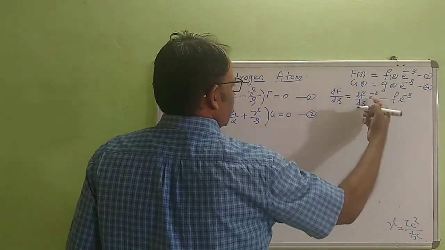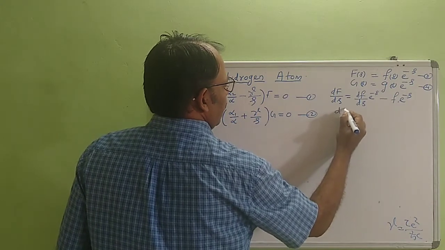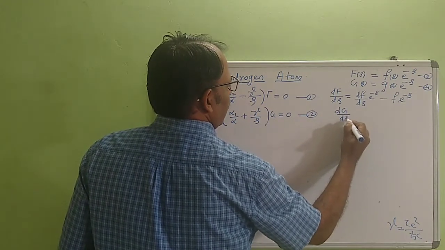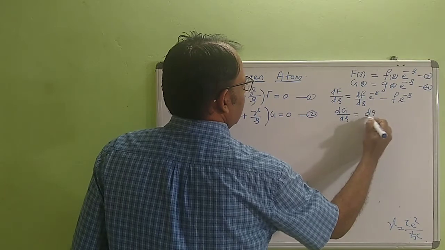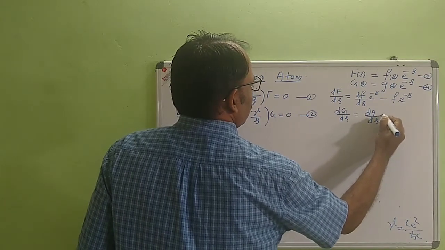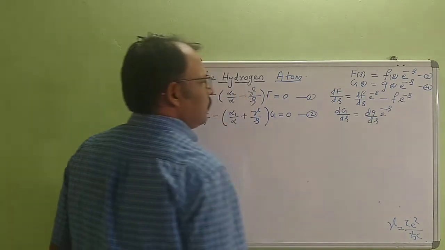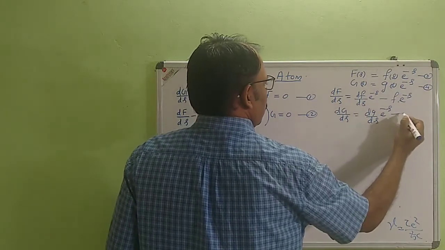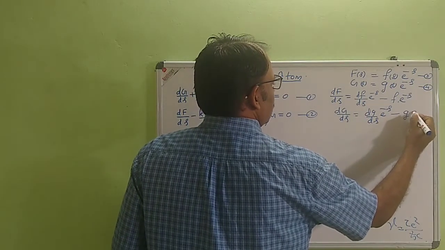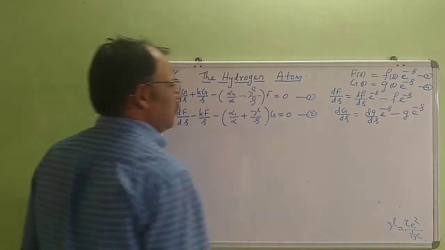So df by d rho is df by d rho e raised to minus rho minus f e raised to minus rho. In a similar way we can write dg by d rho as dg by d rho e raised to minus rho minus 1 into g e raised to minus rho.